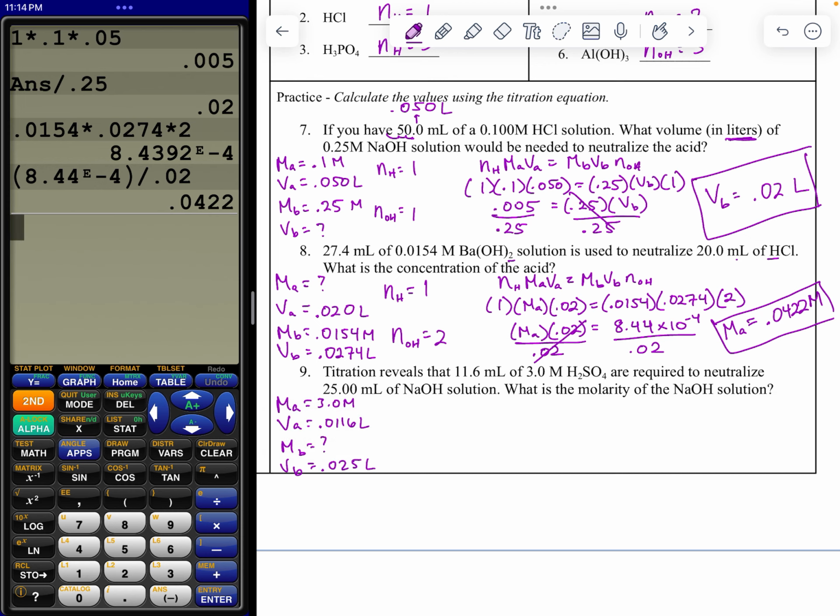And there we go. And number of hydrogen ions, number of hydroxide ions. For the hydrogen ions, there will be 2 based on how many hydrogen are part of the sulfuric acid solution. And then, of course, there's only going to be 1 hydroxide because of the 1 hydroxide ion there.